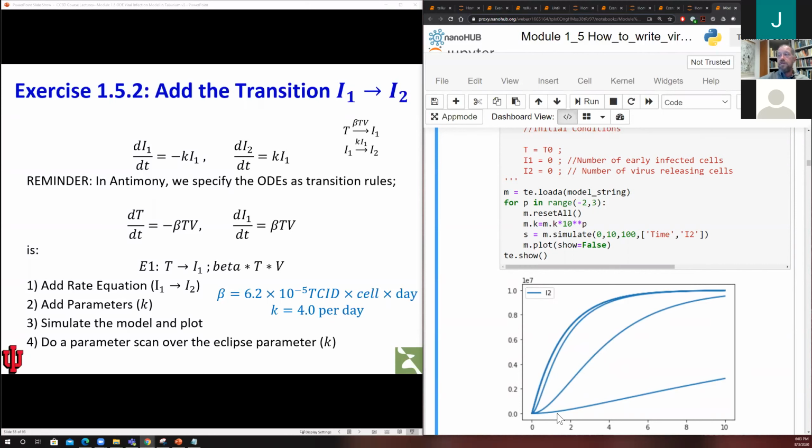If beta is very small, my number of late infected cells increases very slowly. If beta is large, as it increases, the rate at which my cells become I2 gets faster and faster. If beta is very, very big, it doesn't make much difference. Everybody be able to do that simulation?